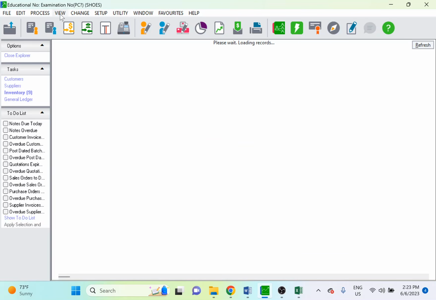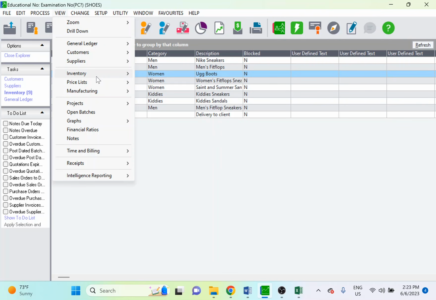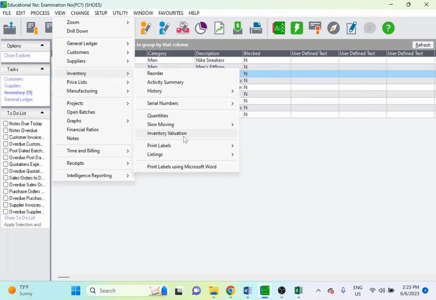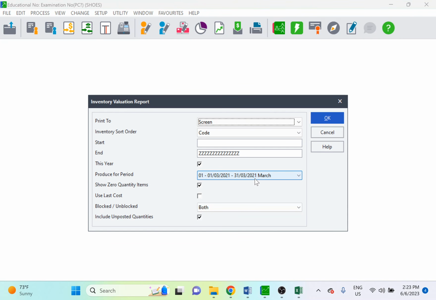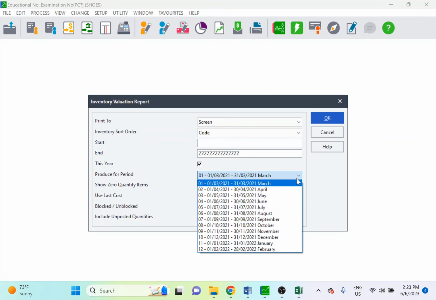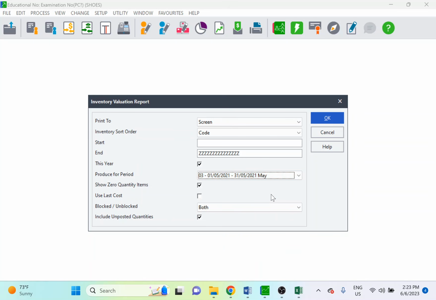then we go under view, inventory valuation. Do not view them. Inventory valuation for May 2021 for all stock. Then inventory valuation is using last cost price. Use the last cost price.